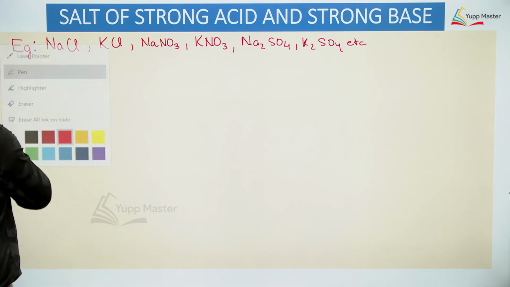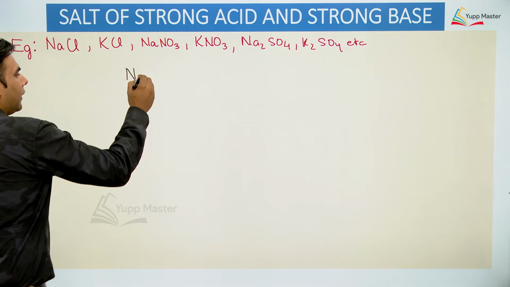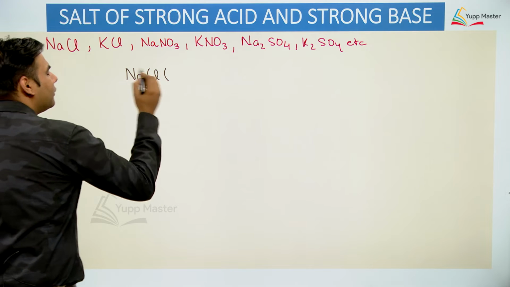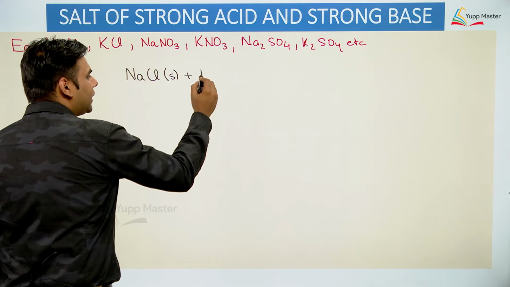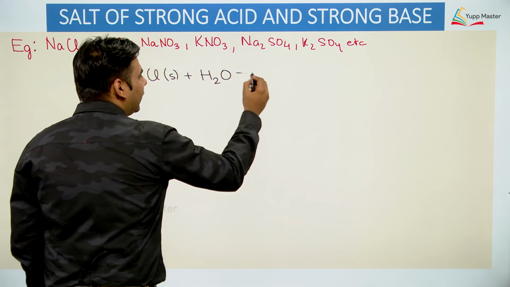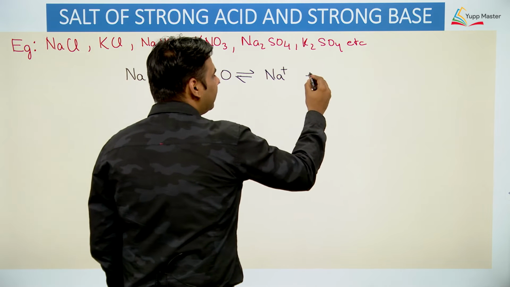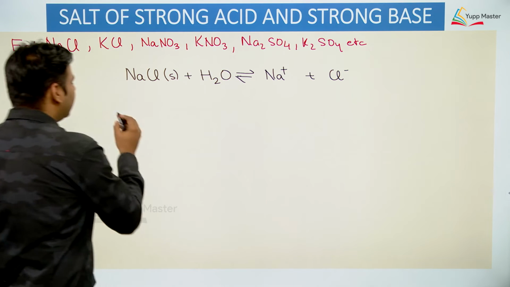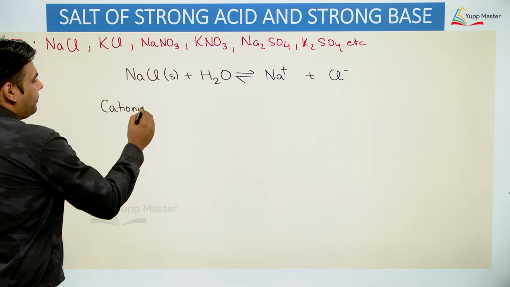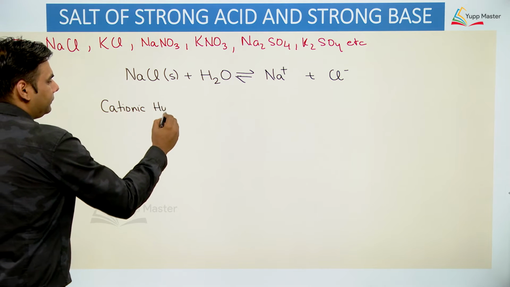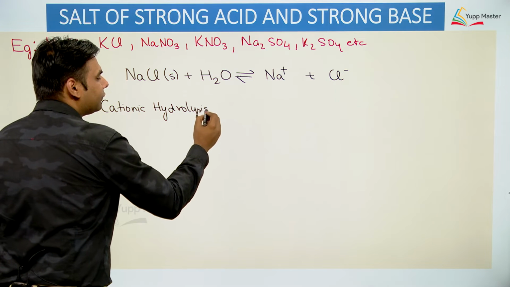Okay. So let's analyze this case now. Now when you are taking NaCl in water, because NaCl is an ionic compound, it will split into a cation and an anion. Now when this cation undergoes cationic hydrolysis, what would it form?